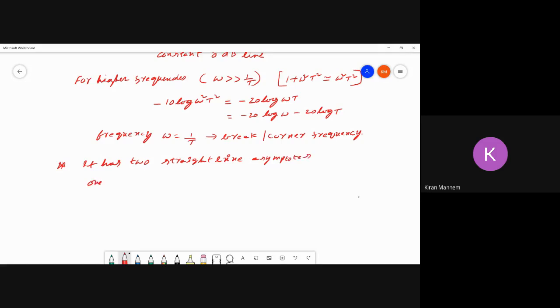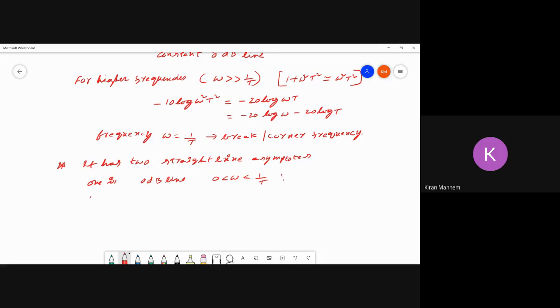One is the 0 dB line for 0 less than omega less than 1 by t.